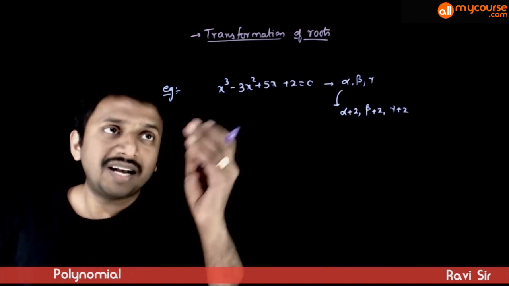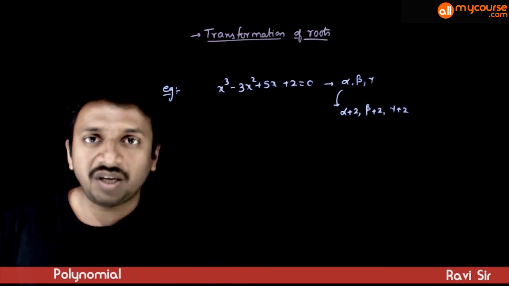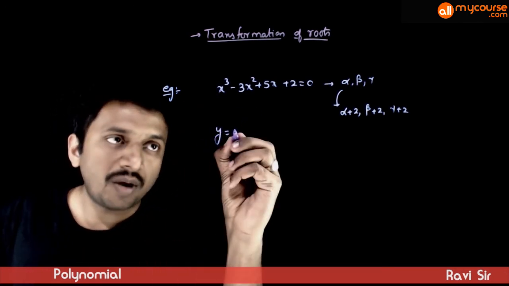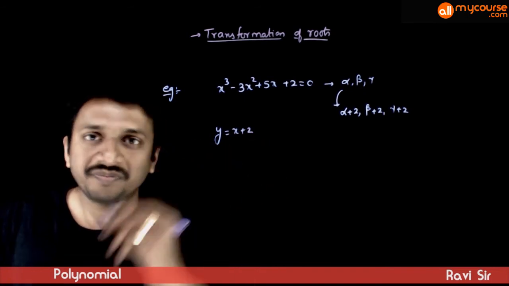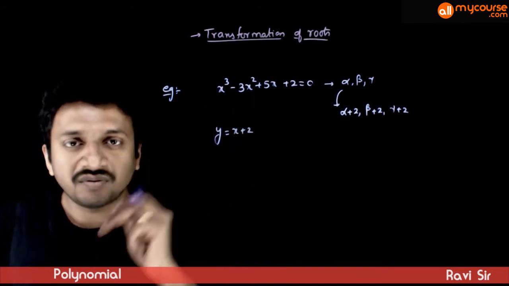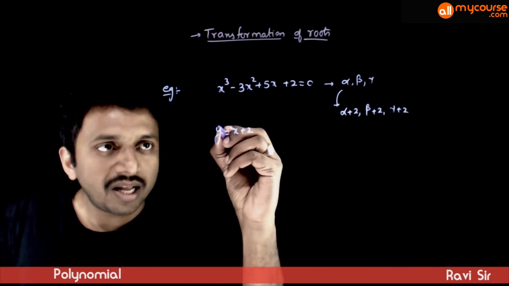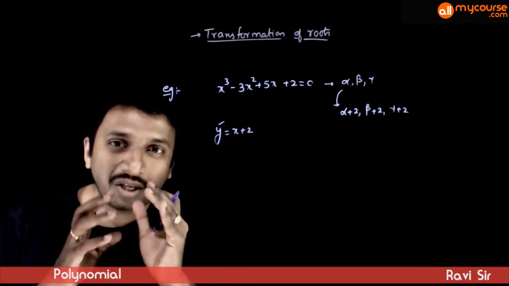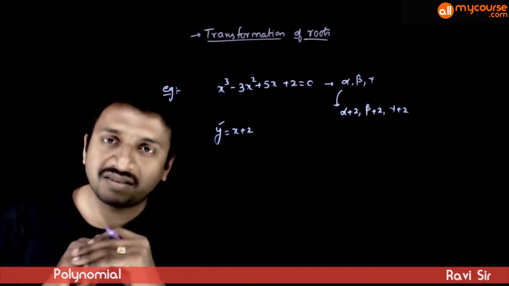So again, let us say that x is a solution to this equation. Now let me say y is equal to x plus 2. So x is a root of this equation. I want an equation whose roots are y. That is, I want a cubic condition which y satisfies.